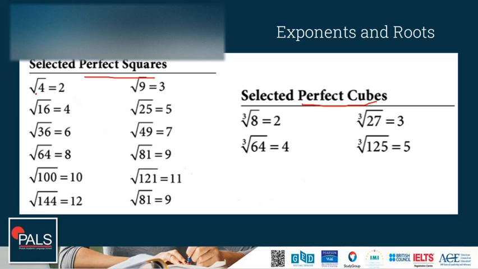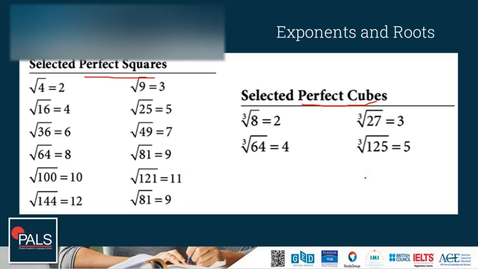The square root of 4 is 2, square root of 16 is 4, square root of 36 is 6, square root of 64 is 8, square root of 100 is 10, square root of 144 is 12. The square root of 9 is 3, square root of 25 is 5, square root of 49 is 7, square root of 81 is 9, square root of 121 is 11. So these are the common perfect squares.